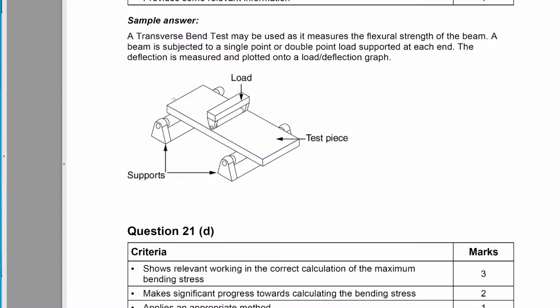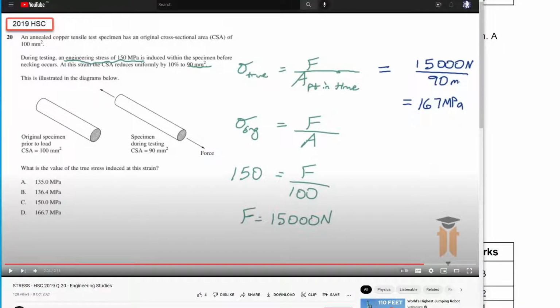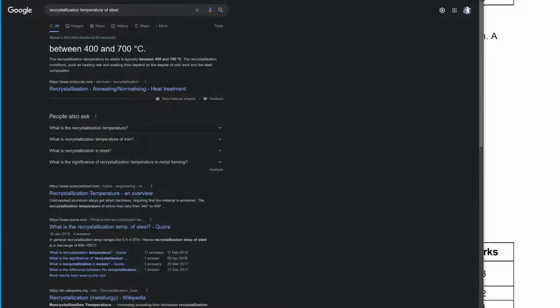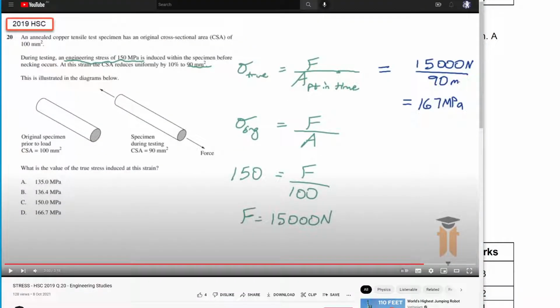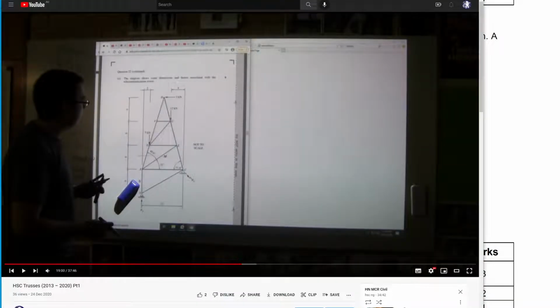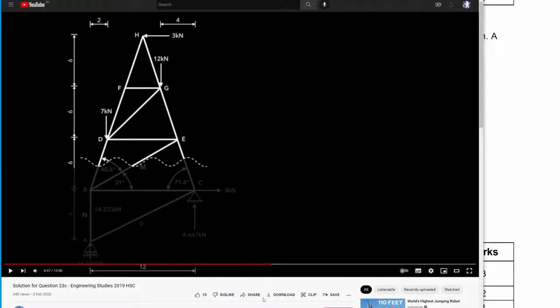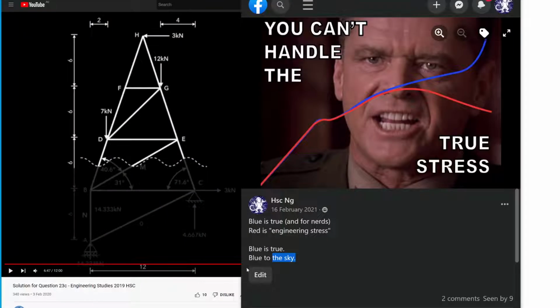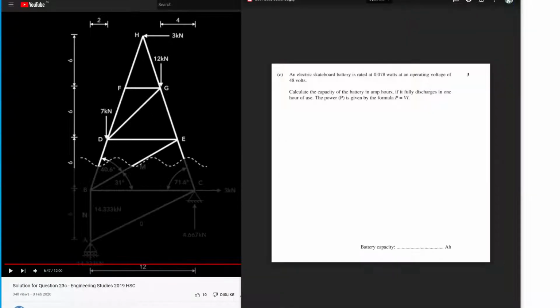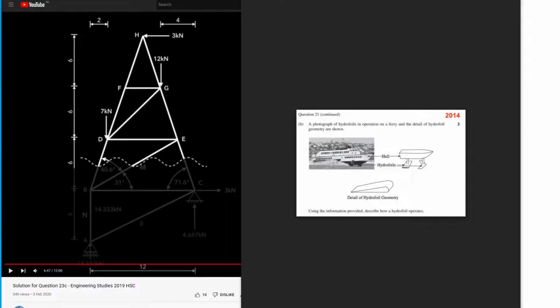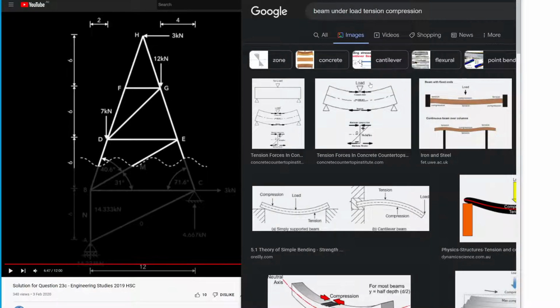Now, your picture doesn't need to look anything like this at all. If you showed this, it would be perfect.